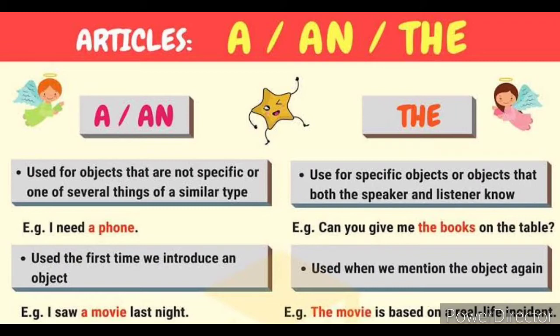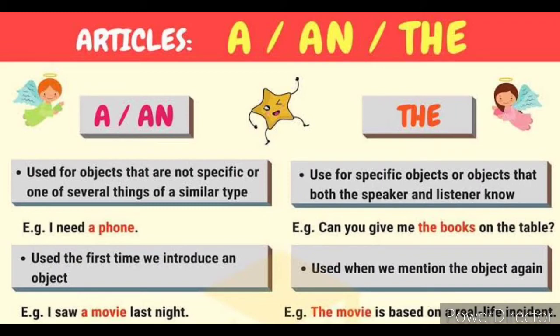So we are referring to the specific object, the book, which was on the specific table. We are specifically telling the book that the speaker and listener want on the specific table. So that is known as the definite article the, children.